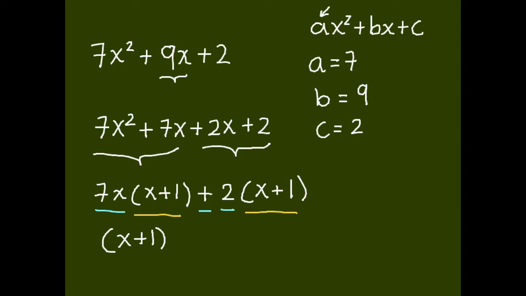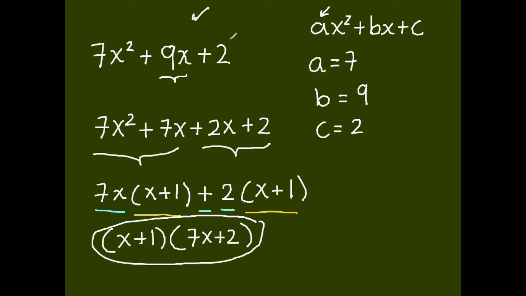So let's open up a new set of brackets. Since we pulled out the x plus 1, what remains is 7x plus 2. And we're done. We factorized this expression. So that's it. Let's do another example.